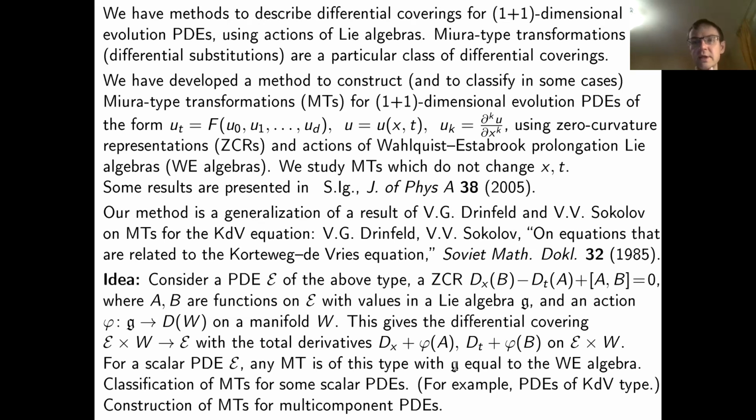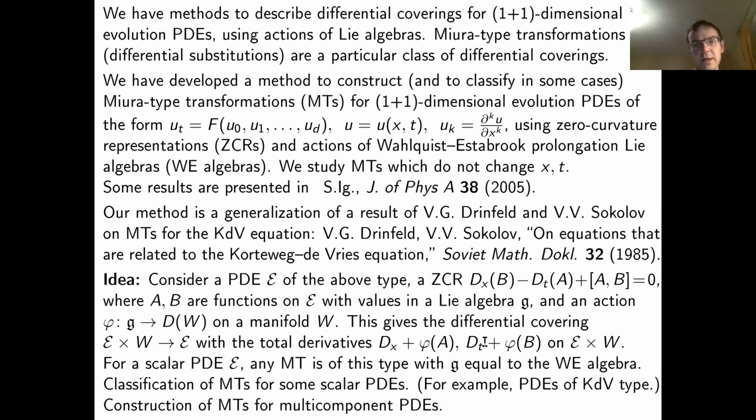And this approach allows us to list literally all Miura type transformations for KdV, and for many other evolution PDEs, it's clear that computations can be done explicitly, but it has not been finished yet.